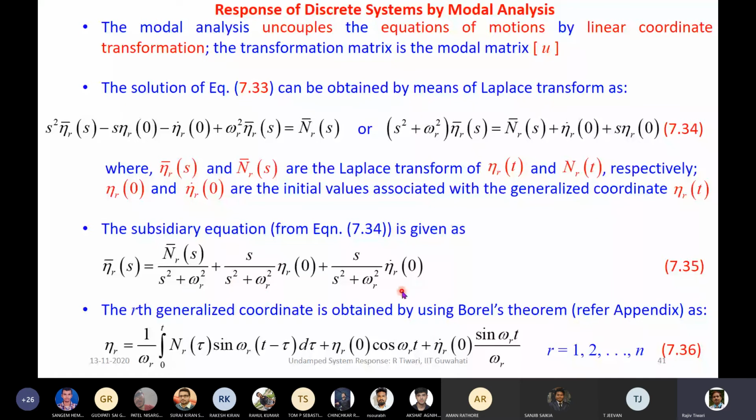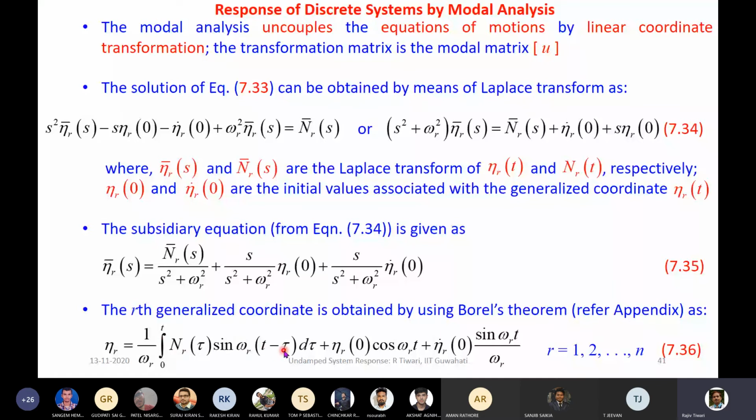And if we do the inverse transform of this, I think we have done this earlier also. So this is the convolution integral, with the initial conditions here. This is the transient part, and this is the steady state part. Now this is for the undamped system.